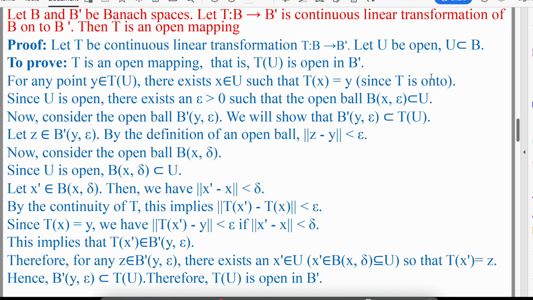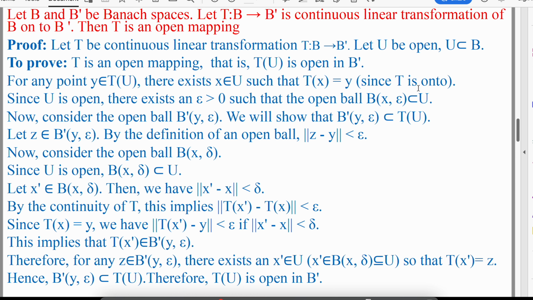We know that U is open. It means there exists an epsilon greater than 0 such that the ball B centered at X and radius epsilon is contained in U. This is by the definition of open set.